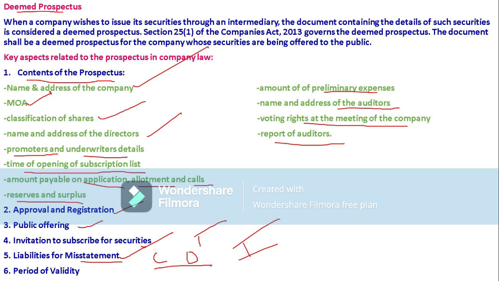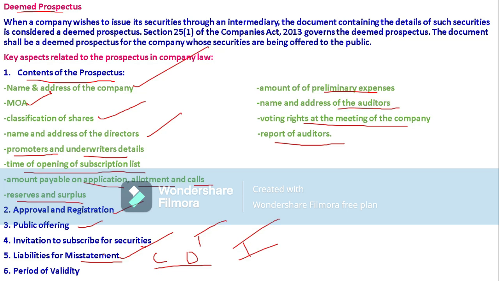Next, period of validity. A prospectus is typically valid for a specific period, after which it may need to be updated or reissued. This ensures that investors have access to the most recent and relevant information when making investment decisions.